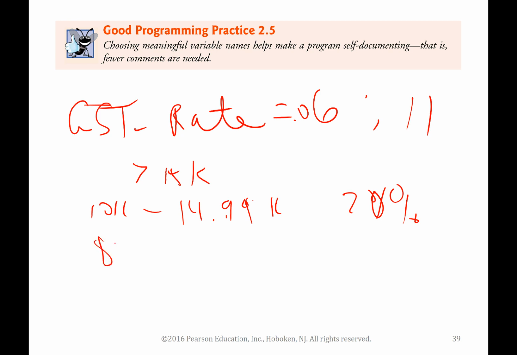From 8K to 999.999K, it might be 18%. So these are different brackets that taxes are in. The more you earn, the more you pay in taxes in a progressive tax system.